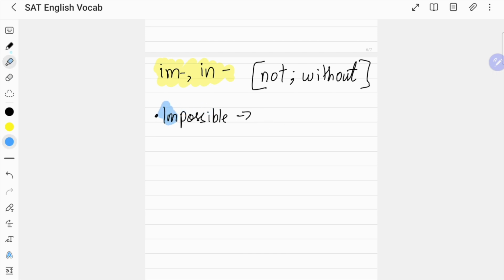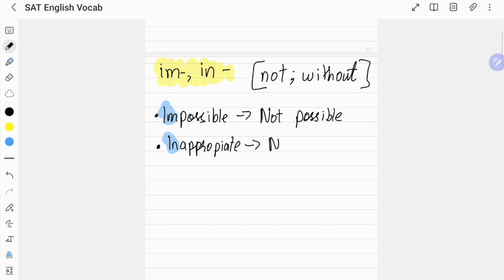Here I am is being the root word, so impossible means not possible. Another word we can use is inappropriate, which means not appropriate.